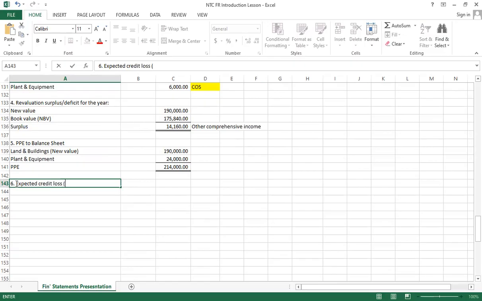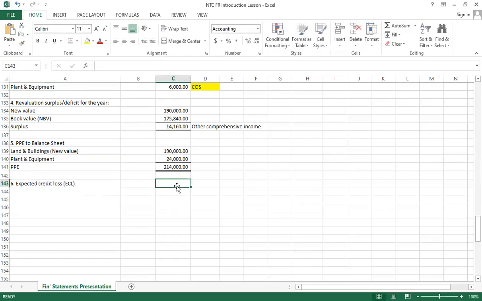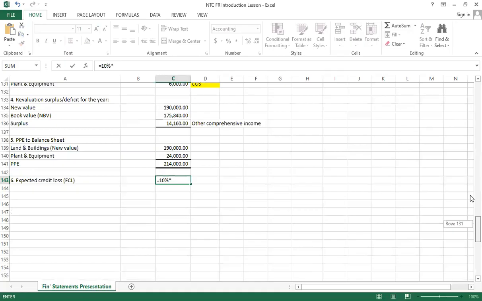This is what we commonly abbreviate as ECL, as per, of course, IFRS 9. And as an expenditure, the question says that we provide for this at 10%. Now 10% of what? Of the trade receivables.